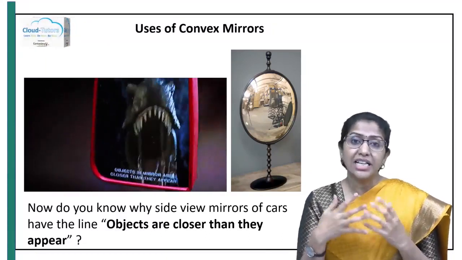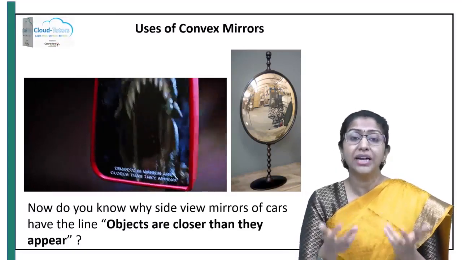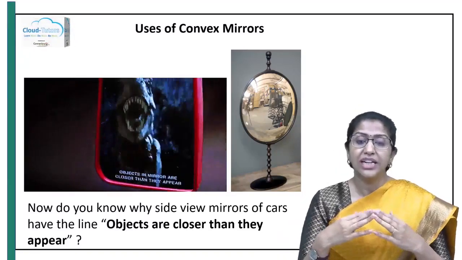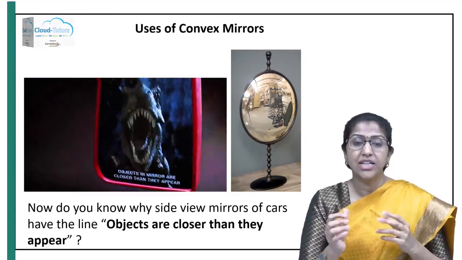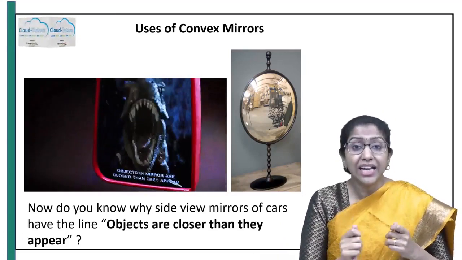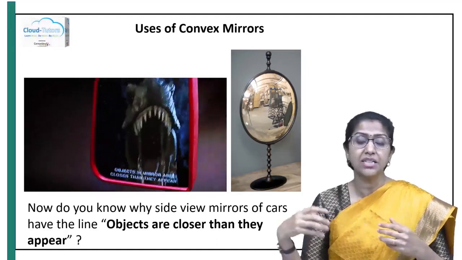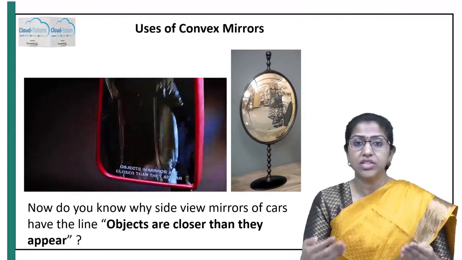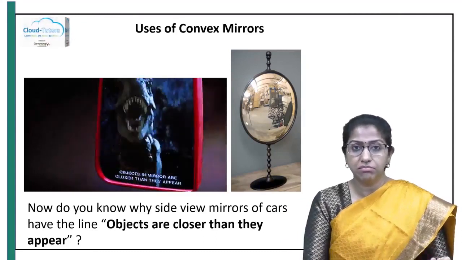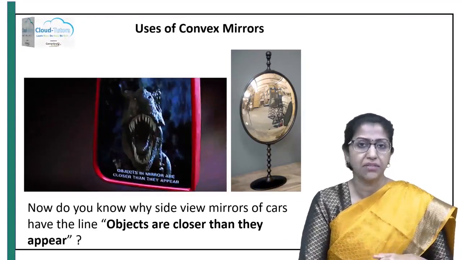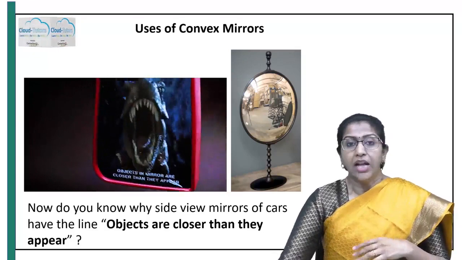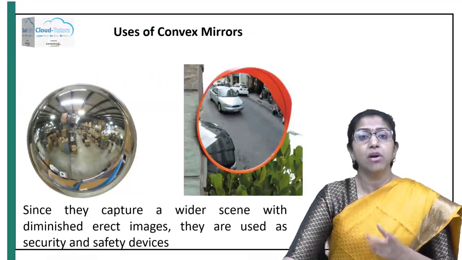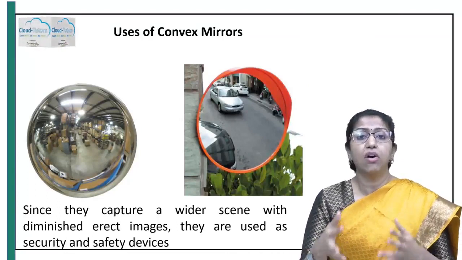So why is this used as a rear view mirror? Because it gives a very wide range of view. Even though it gives us a very diminished image, it is still a virtual and erect image. Hence, it helps us while driving, crossing, cycling, or using any vehicles. This is exactly the same reason it is also used in shopping malls, or near the corners of the road.